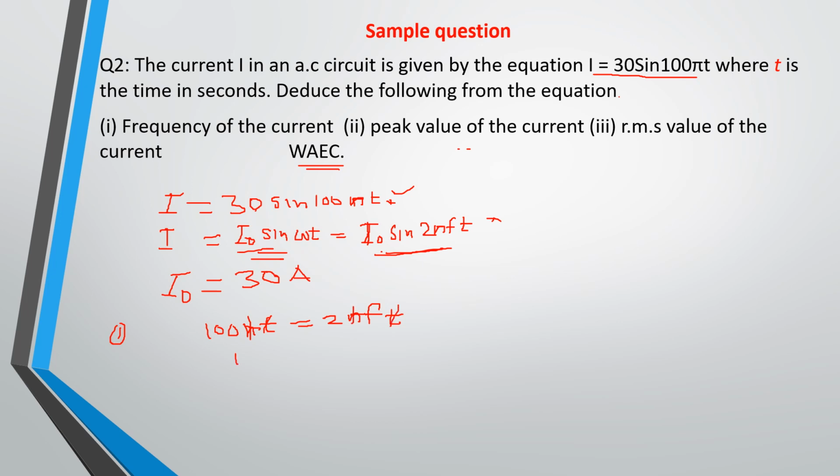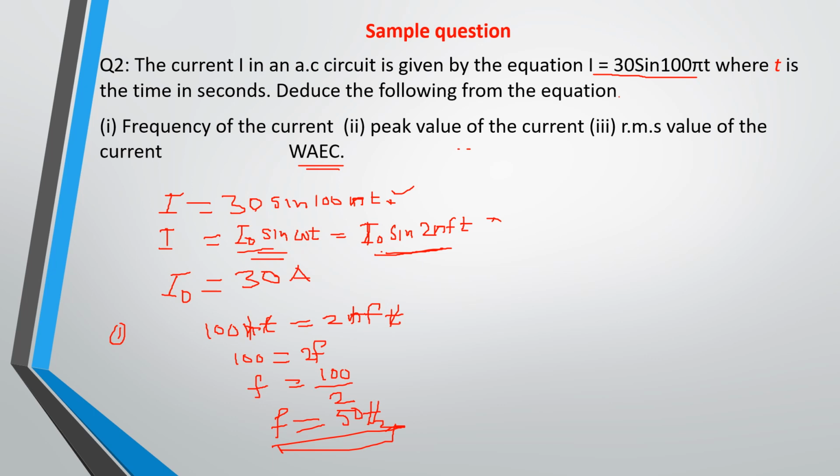You're going to have 100 equals 2f. So your f will be equal to 100 over 2, and that gives us 50 hertz. So this is the frequency of this current. I hope this one is clear and you understand it.